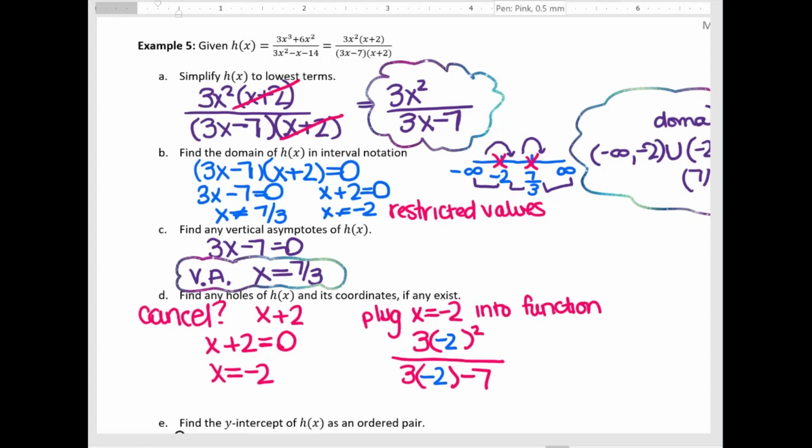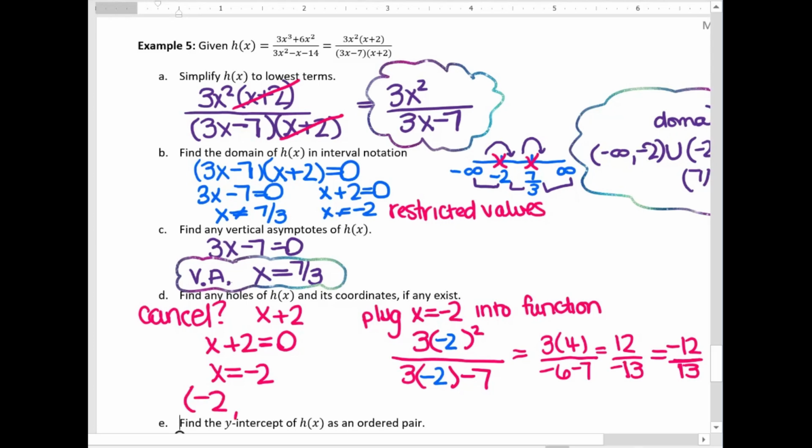You can do this all in one go on your calculator if you want. Otherwise, you're going to have 3 times 4, which gets us 12 up top, all over -6 minus 7, which gets us -13. We don't like negatives in the denominator, so either move it out front or up top to get -12 over 13.